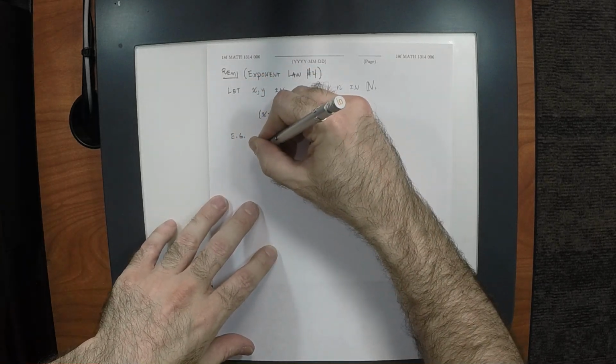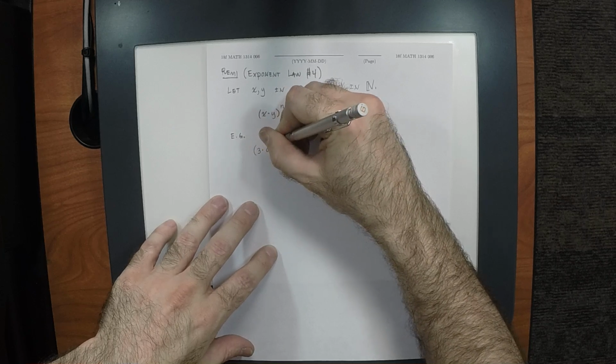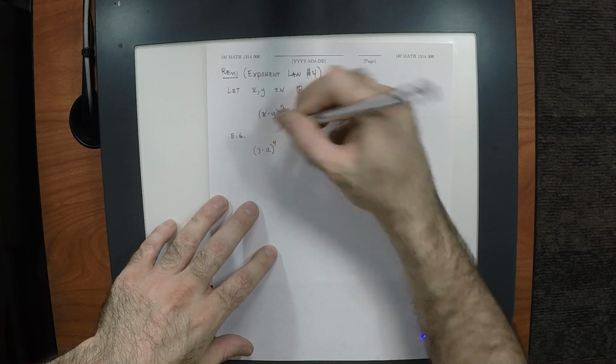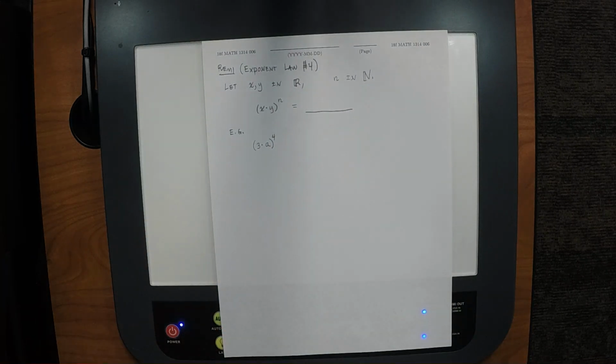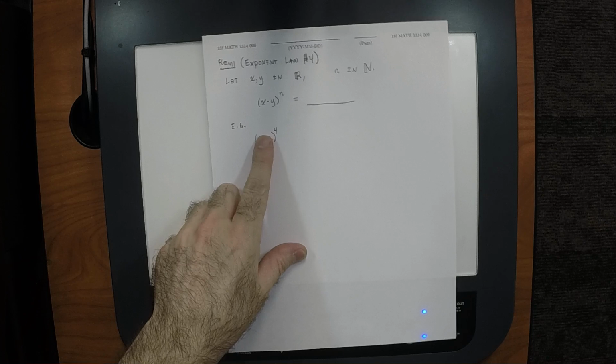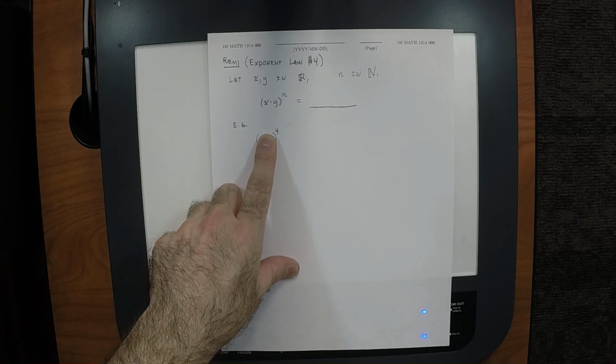So how about 3 times, let's mix it up, let's put an a. That sounds great. And then we'll make it a 4 there. And all we can do is just follow the only rules that we know. So that 4 exponent means that whatever it is that is in that group, it needs to be replicated 4 times.